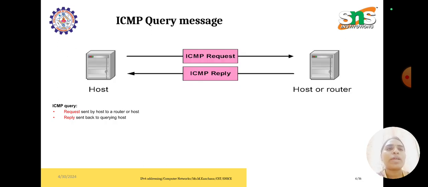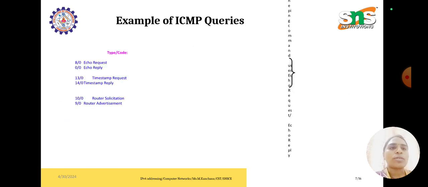Now the ICMP query message. If we need to establish a connection, a request is sent by the host to the router or the host, and a reply is sent back to the querying host. Examples of ICMP queries are as follows.